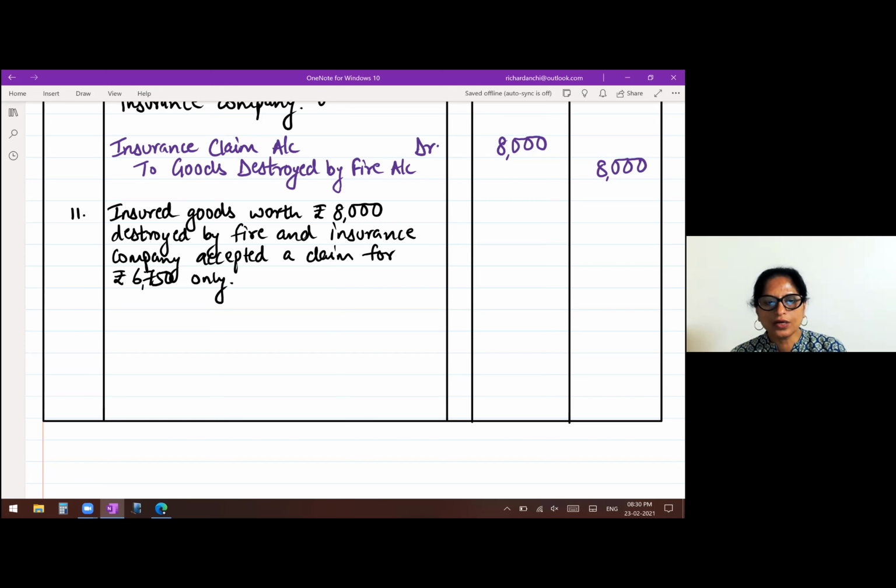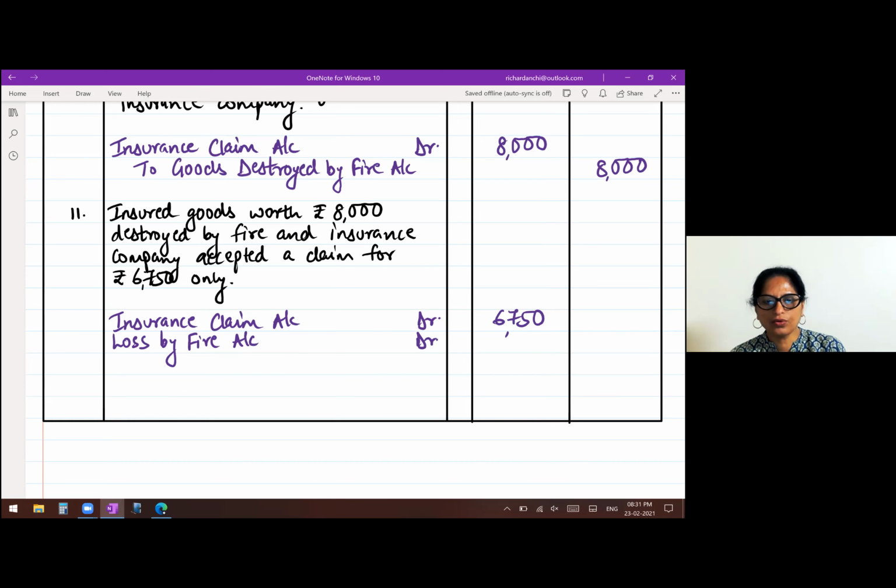So all losses are to be debited. So how do you write this entry now? Insurance claim account debit, you are receiving, so insurance claim account debit 6,750. Now loss by fire account debit.